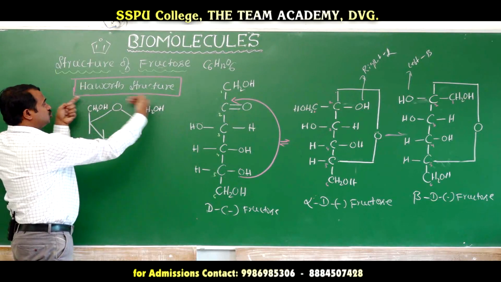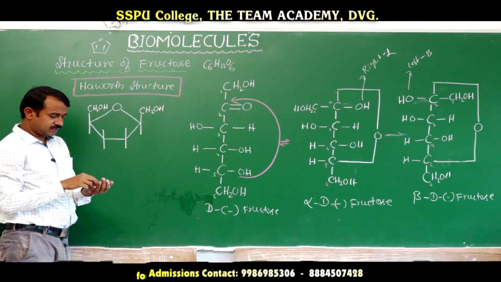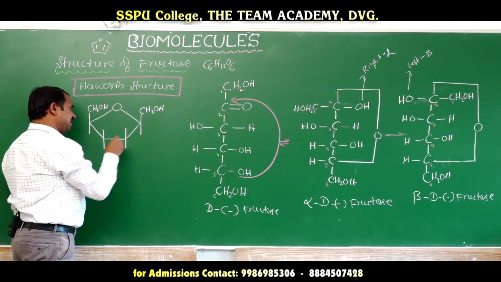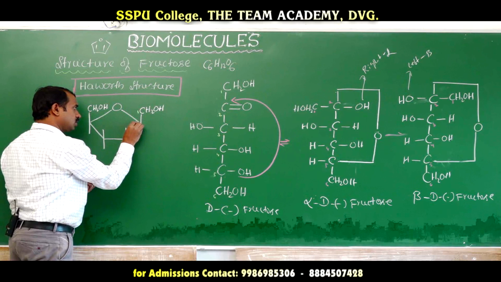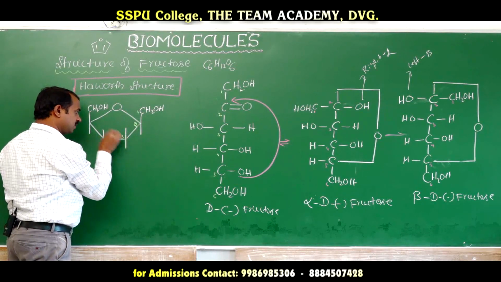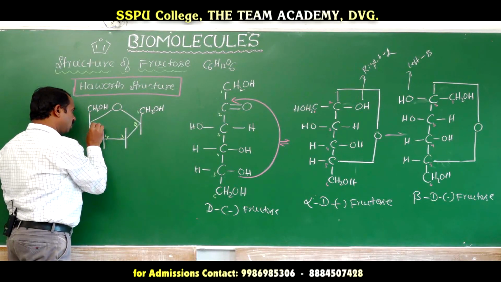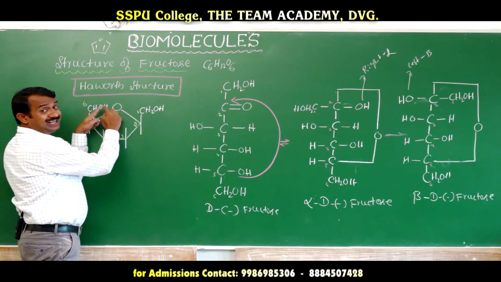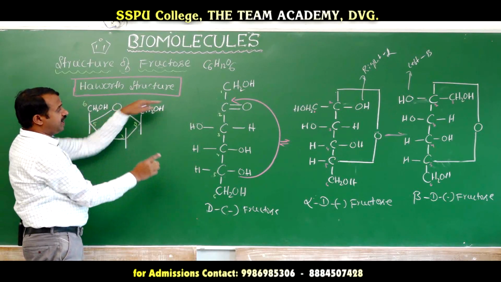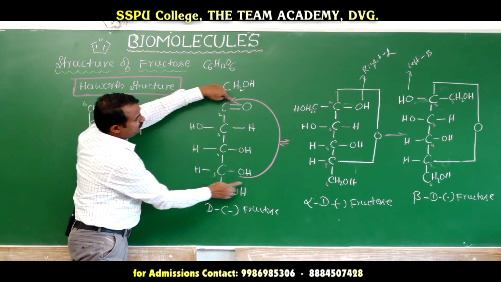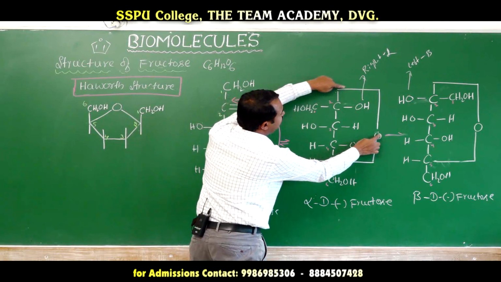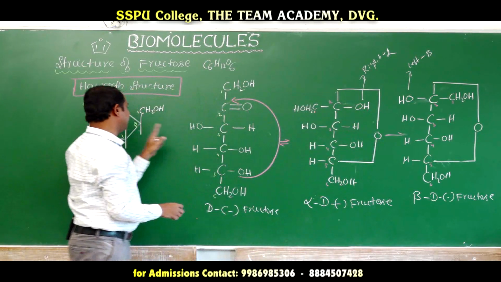Both sides CH2OH and CH2OH. And the numbering is coming here 1, 2, 3, 4, 5, 6. C2 to C5 oxide linkage, C2 to C5. The C2 carbon and C5 carbon have the oxide linkage.